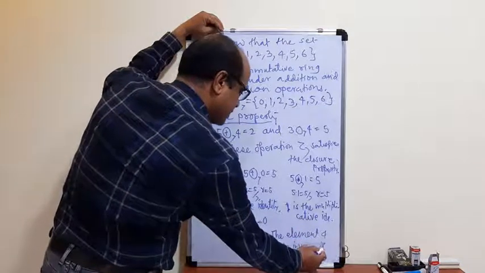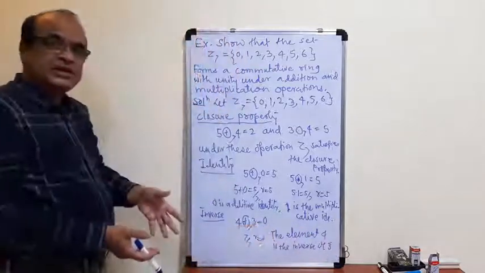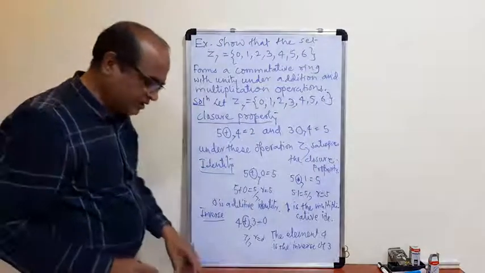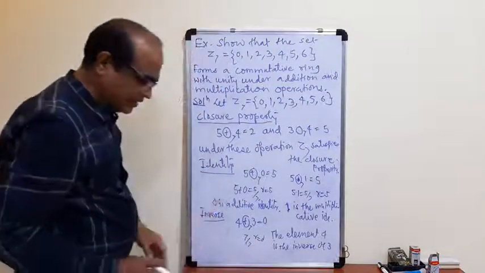Similarly, 3 is the inverse of 4. So 4 is the inverse of 3 and 3 is the inverse of 4 here. This is very simple.